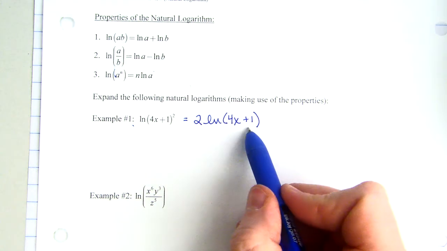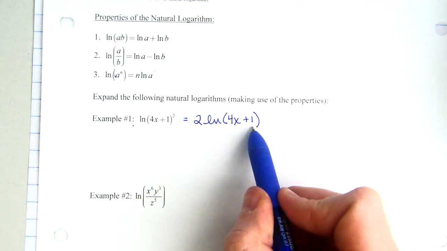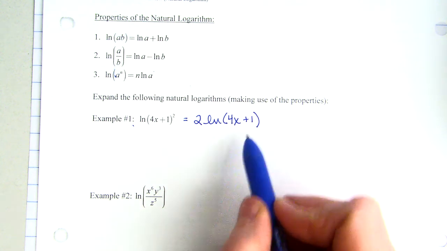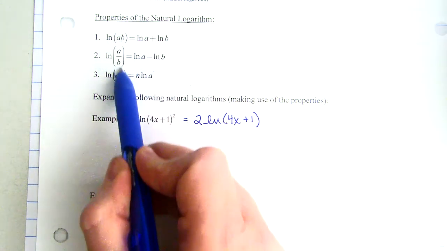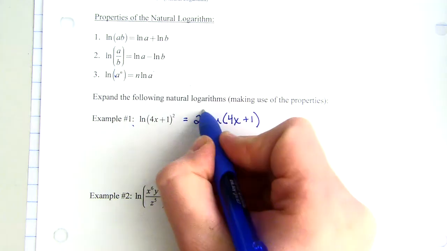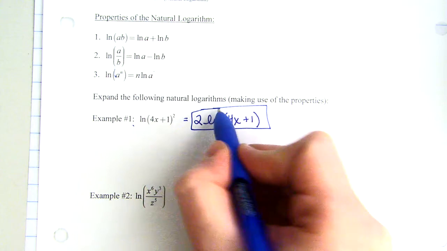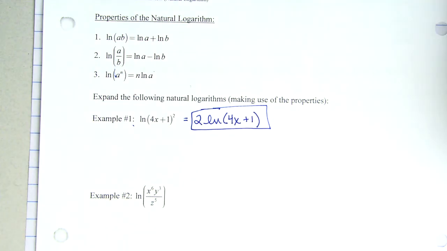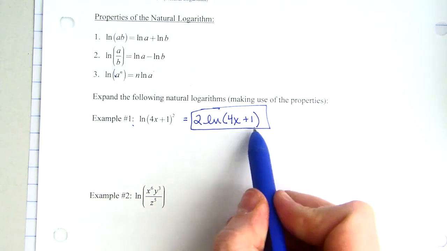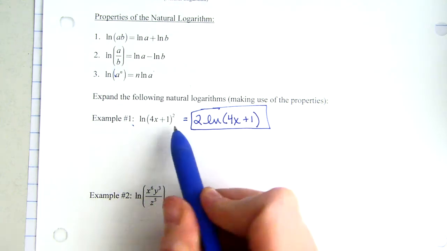The answer is no. If there was a multiplication problem inside or a division problem inside, sure, I could go from there. But I have no property that tells me what to do if there's an addition problem inside your log. So this is as far as we're allowed to go in terms of expanding, which may not seem like a whole lot, but again, when we get to derivatives in a little bit, it's going to be a lot easier to deal with 2 times a natural log than a natural log of something squared.